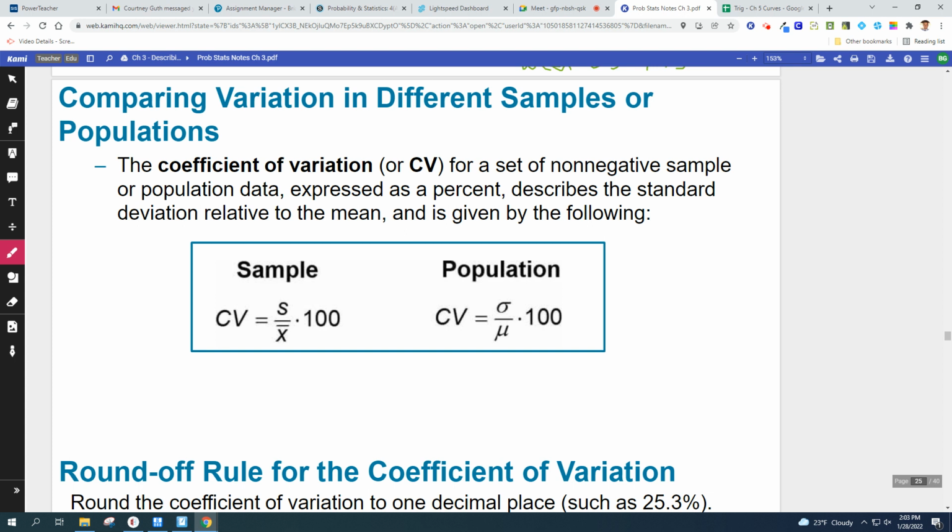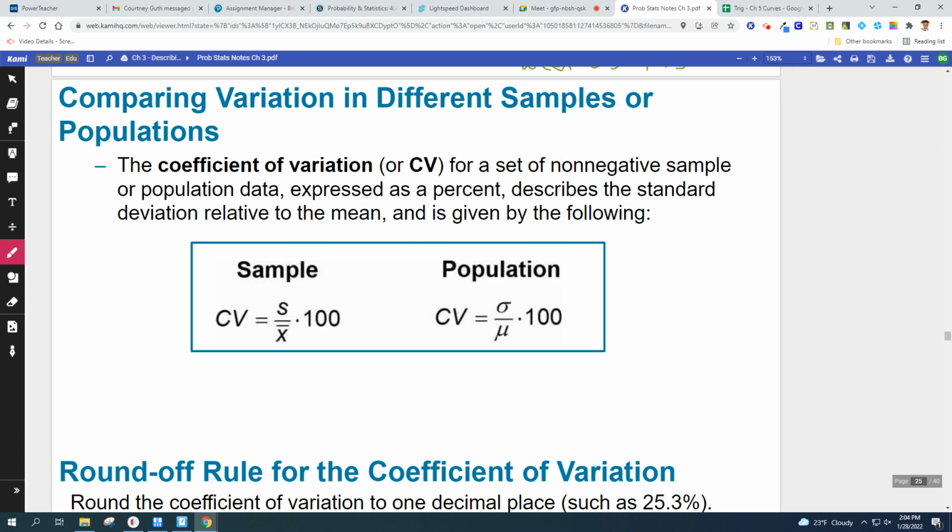All right, getting close. Comparing variation in different samples or populations. The coefficient of variation, CV, for a set of non-negative sample or population data, expressed as a percent, describes the standard deviation relative to the mean and is given by the following.